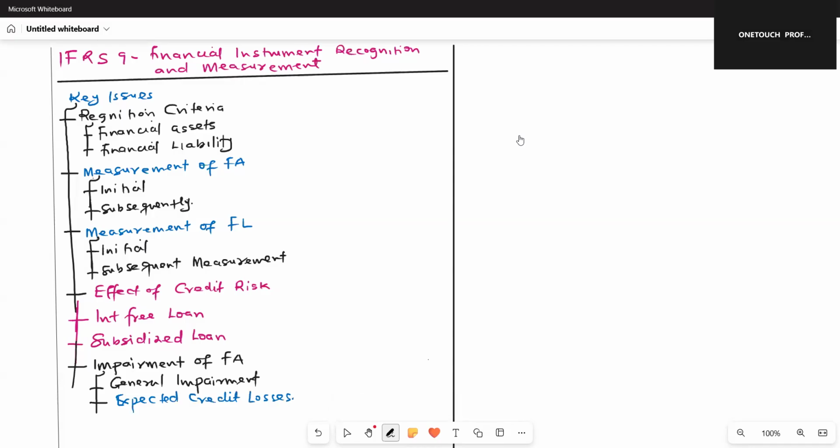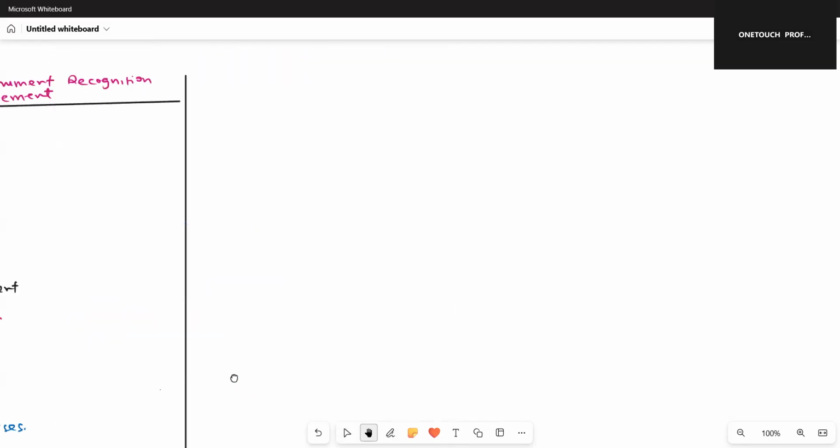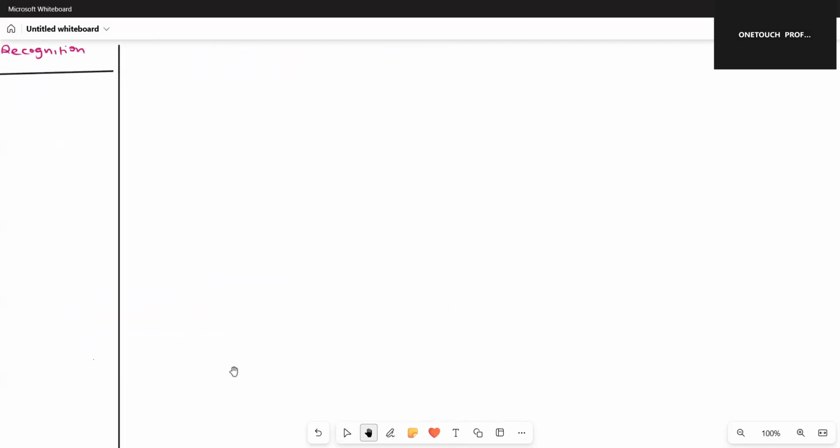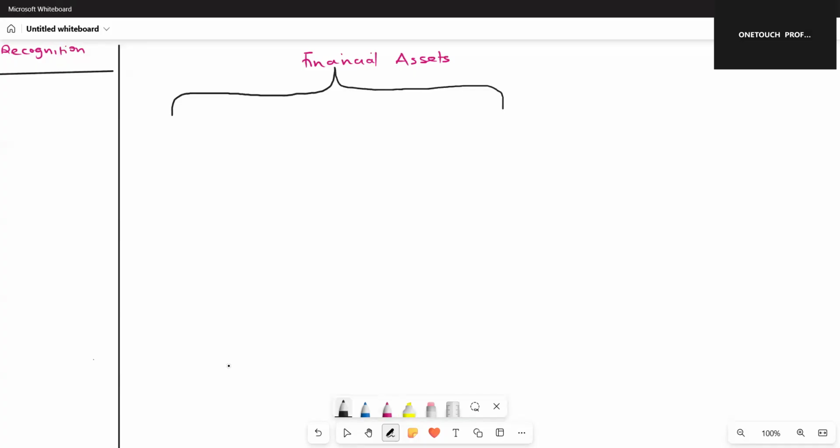All right, so let's start with financial assets. We said that a financial asset is recognized by the buyer. Is that not it? It is the buyer that recognizes a financial asset. So now we are saying that whenever you are going to buy a financial asset, it is in two categories.